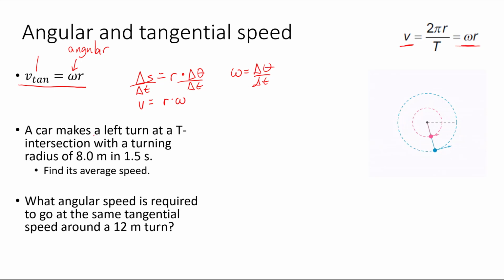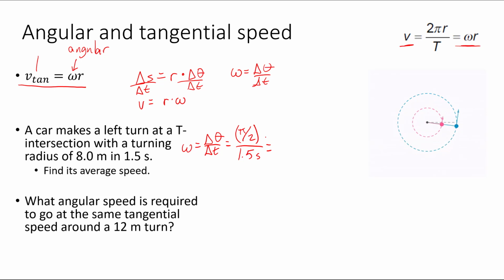Okay, so let's find some average speeds. A car makes a left turn at a T intersection with a turning radius of 8.0 meters in 1.5 seconds. Find its average speed. Well, what's the angular velocity going to be? It's delta theta over delta t. It's a T intersection, a 90-degree turn, a quarter of a cycle, so that's pi over 2, and the time is 1.5 seconds.